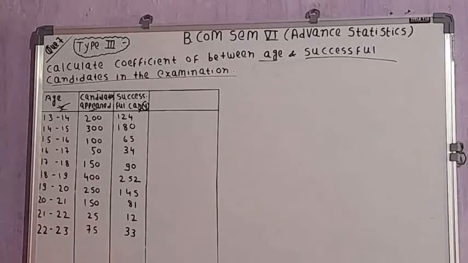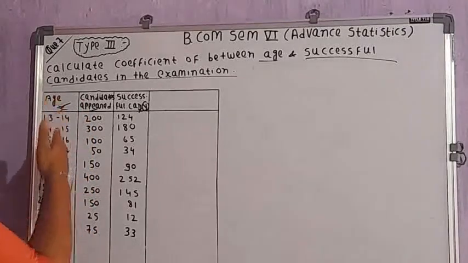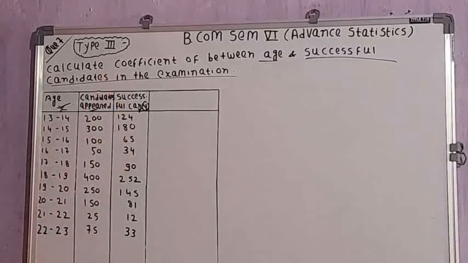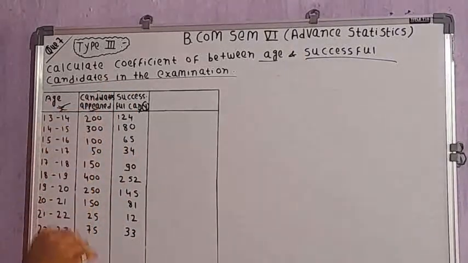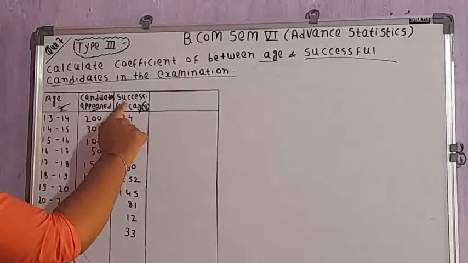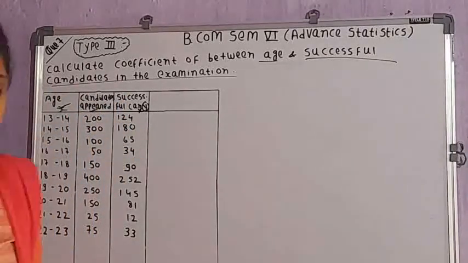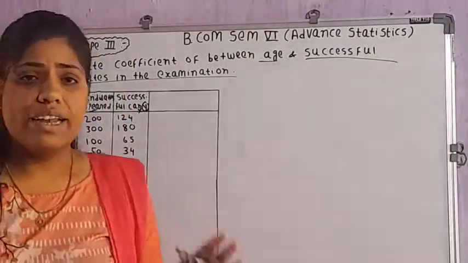Because in candidates appeared we have been given a different number of candidates for different age groups, and the successful candidates have been taken out from these candidates appeared, but the candidates appeared for each group is different. Therefore there is no particular base for taking the successful candidates, but we have to calculate the correlation between the age and the successful candidates, right?